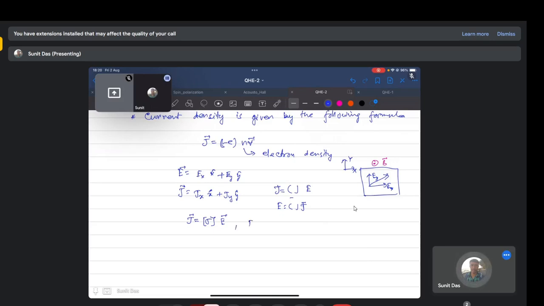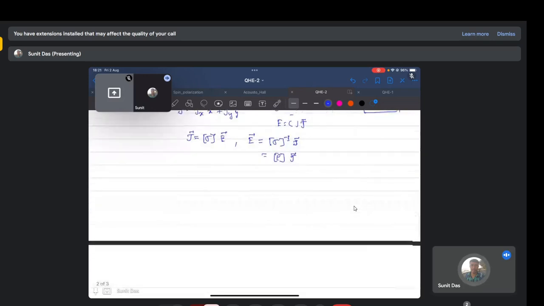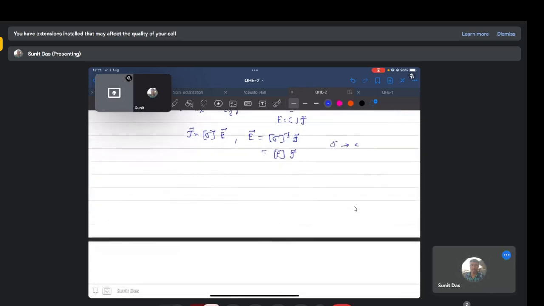Similarly, we can write the electric field equal to the matrix sigma inverse times J, right? And this sigma inverse we call rho, which is the resistivity. So sigma is the conductivity, and rho is the resistivity.